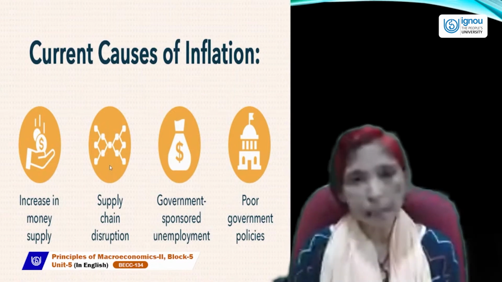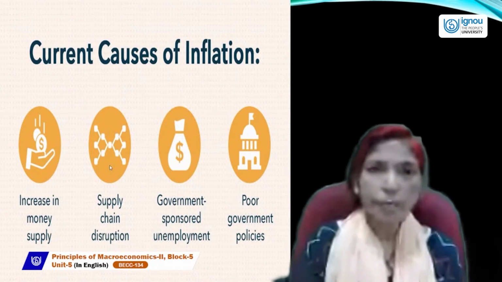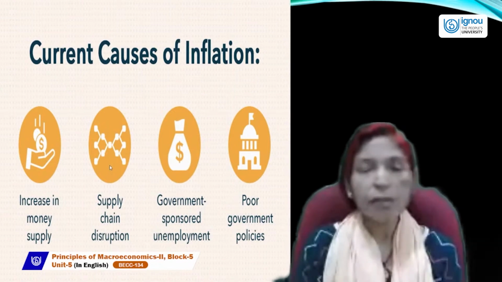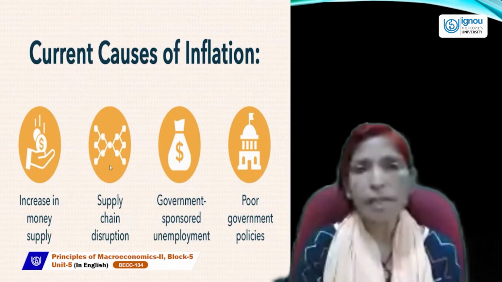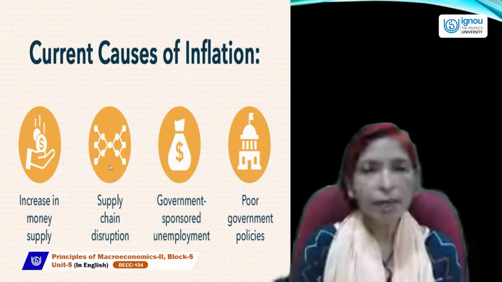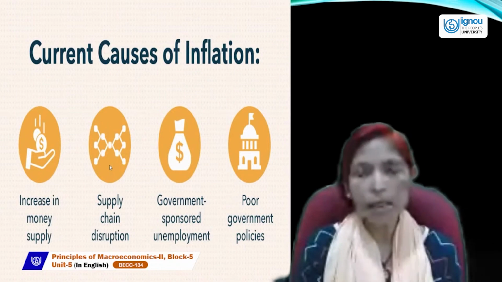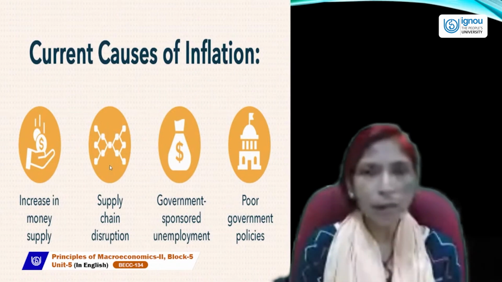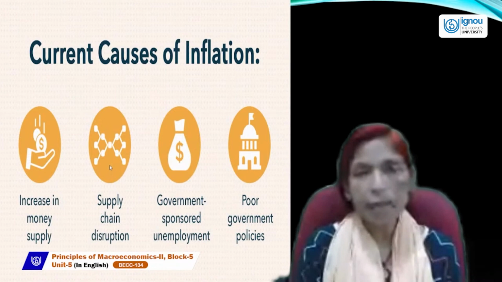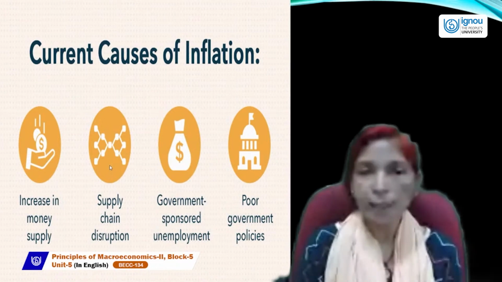Increase in money supply. In India, the government always makes a deficit budget because the population is increasing day by day. That's why government expenditure is increasing and the revenue of the government does not increase according to its expenditure.